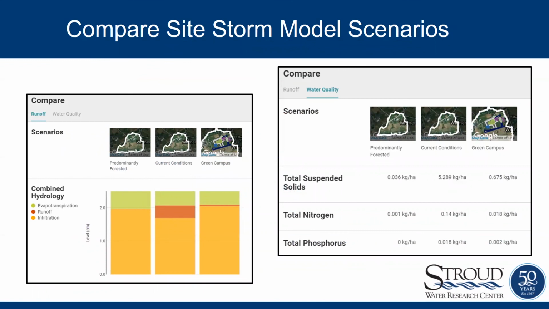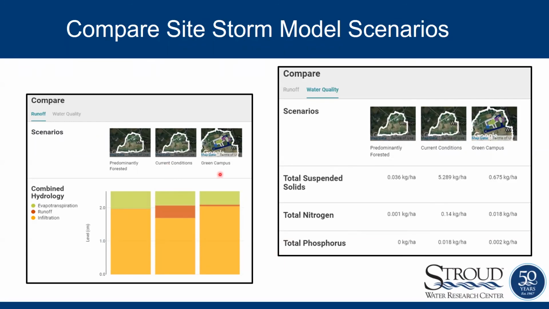By default, you get this predominantly forest scenario, which is automatically a sort of control, as we think of in science. What if the study site was all 100% forest? And then the second one you get is your current conditions before you made any changes.